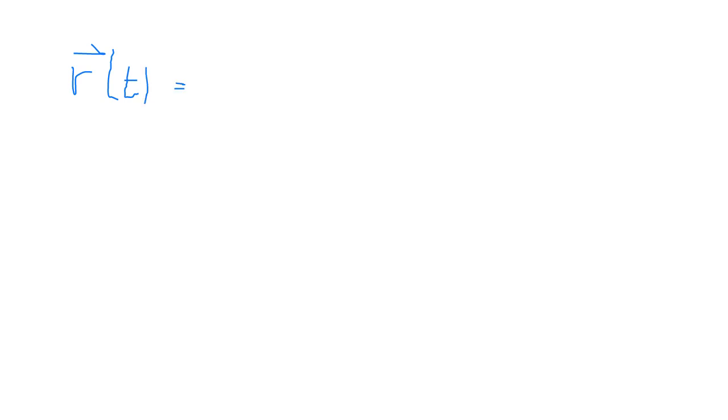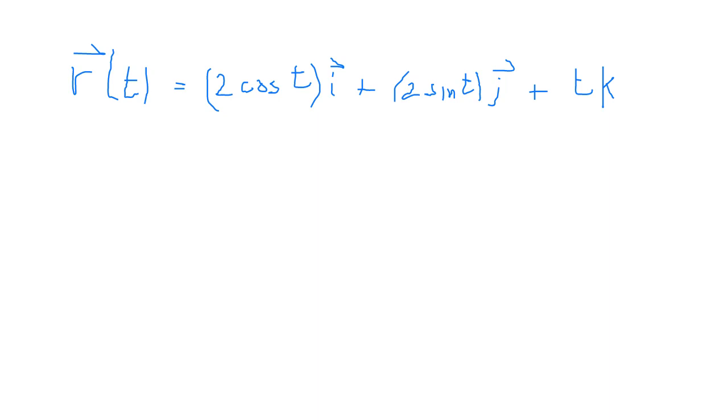R of t equals, let's say you have 2 times the cosine of t times I plus 2 times the sine of t times J plus t times K.